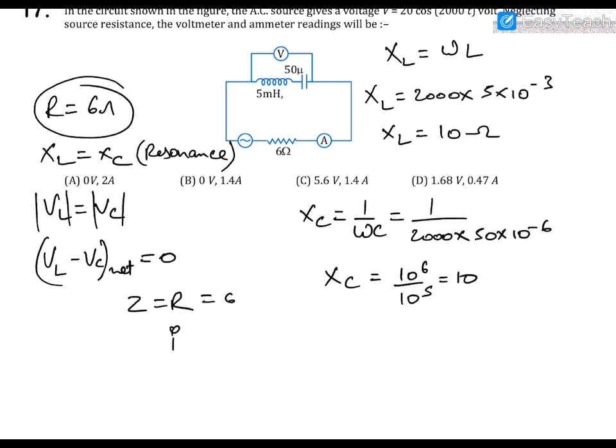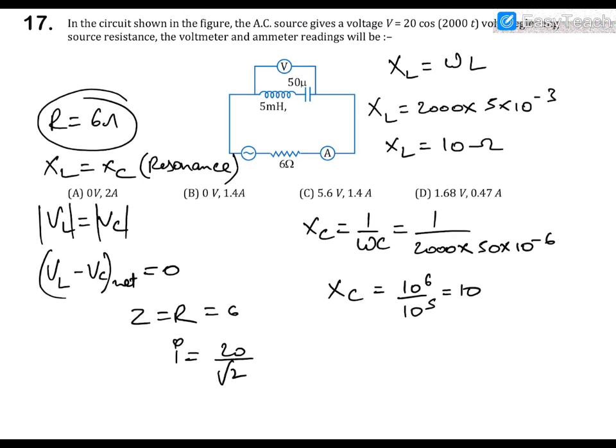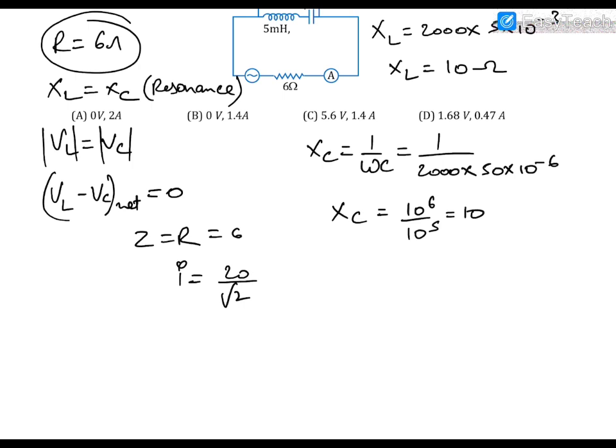So current will be 20 by root 2, because this ammeter will read the RMS value of current, and this voltage is the peak value of voltage. So we have to first of all find out the RMS value, which would be 20 upon root 2, and the value of R is 6. So this value of current will be equal to 5 root 2 upon 3.